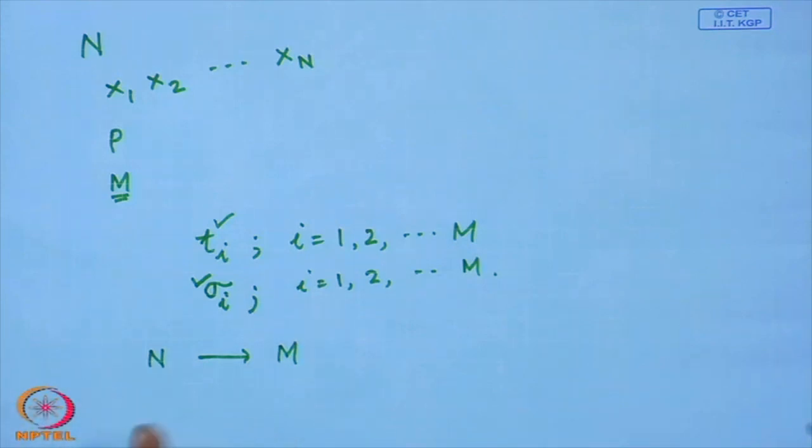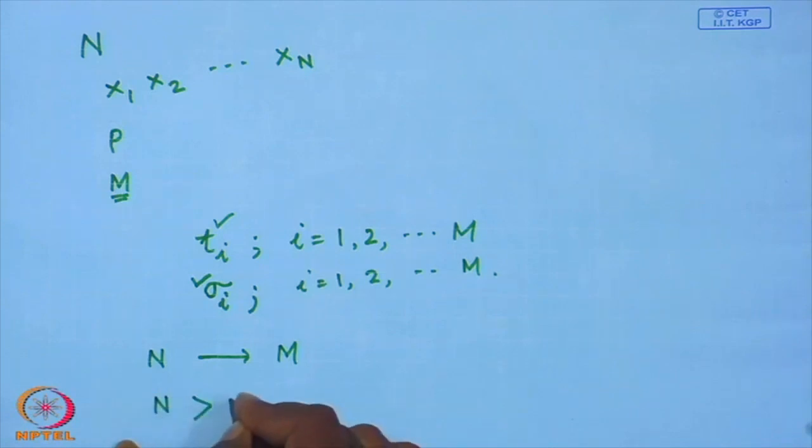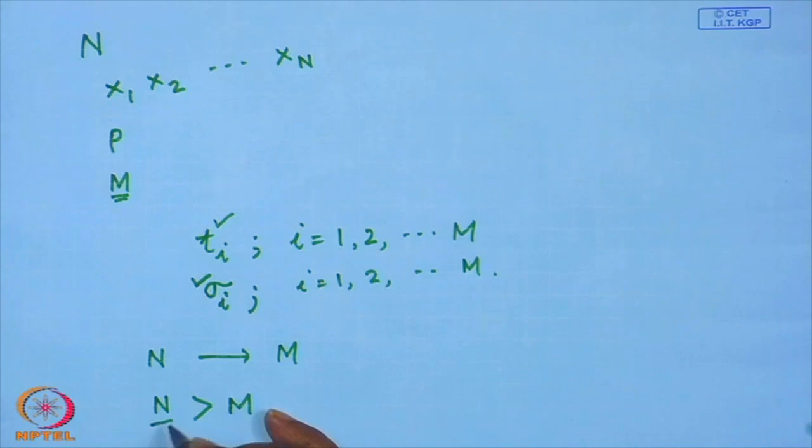It is understood that N has to be greater than M. If the number of training samples is less than the number of clusters to be formed, it is not possible, because even if I assume a single feature vector in each cluster, at the most I can have N number of clusters.